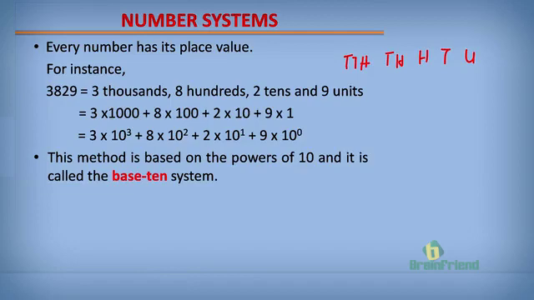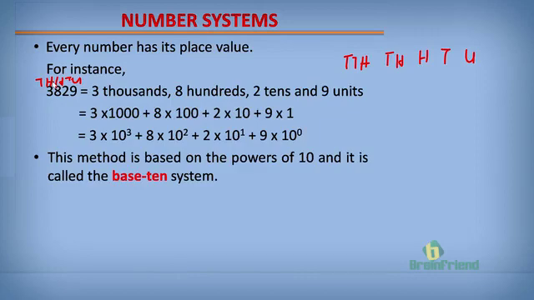So in 3,829, this 9 is the units, 2 is the tens, 8 is the hundreds, while 3 is the thousands. So if we are to expand 3,829, it reads as 3 thousands, 8 hundreds, 2 tens, and 9 units.